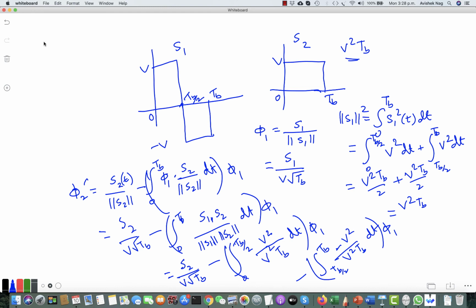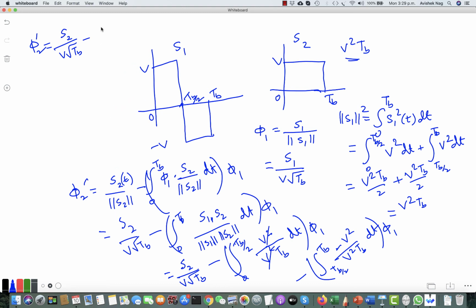Okay, so let me use this part of the board. For the first integral between 0 to TB, let me write it down. So phi 2 dash is basically S2 divided by v root TB minus, the first integral is 1 over TB. So this v square cancels, and this will be TB by 2, so it will be half.